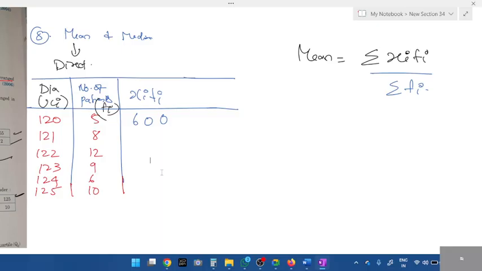Completed students fill at least one question. Multiply both. Use the formula summation of fy xi.